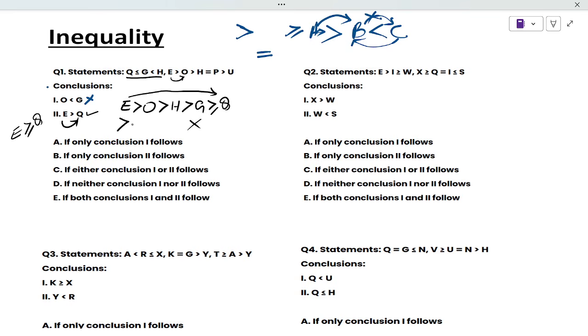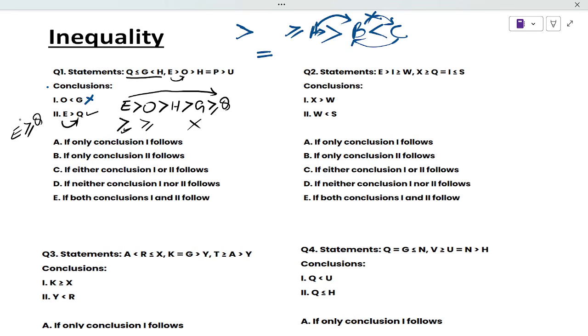From here we can understand that greater than is superior to greater or equal to. So since greater than is there in the conclusion, at least one greater than is needed in the path. The conclusion says E is greater than Q.